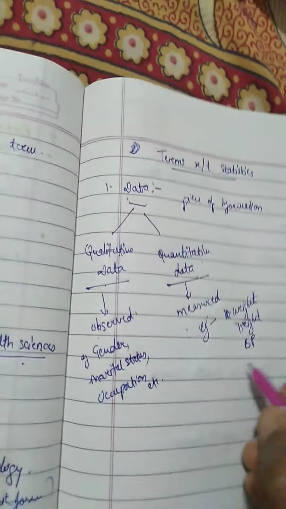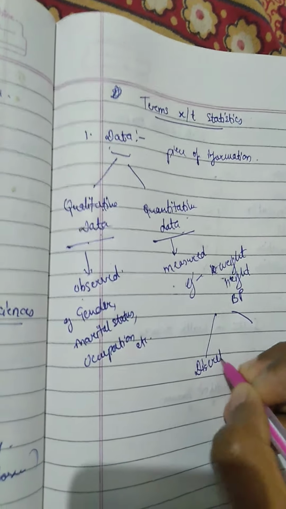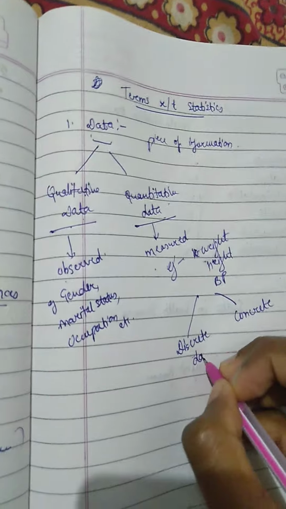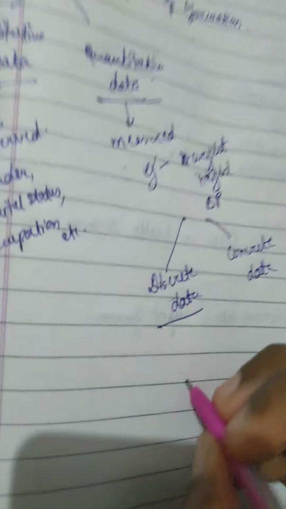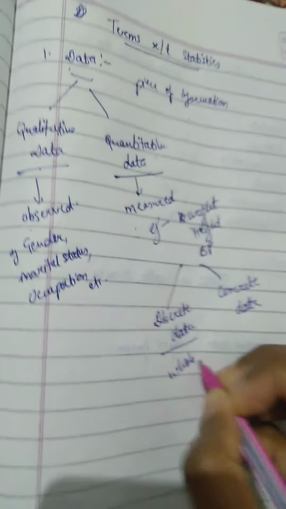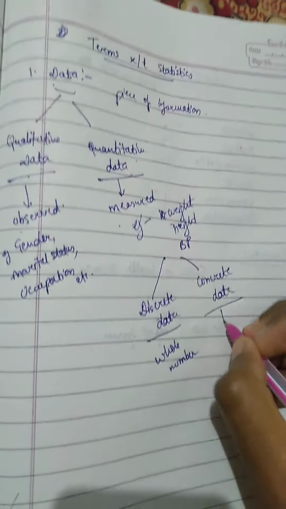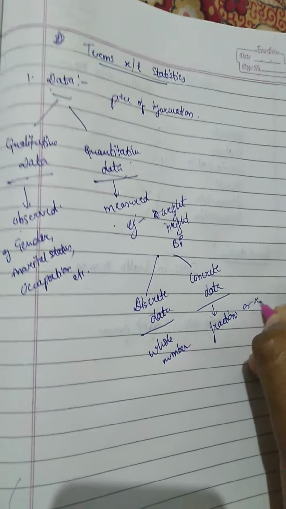Further, the quantitative data is of two types: discrete and concrete. Discrete data is the data which is presented in a whole number, whereas concrete data is the data which is presented in fractions or ratios.